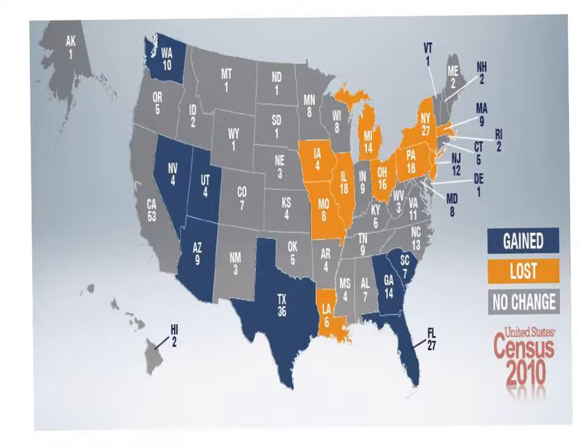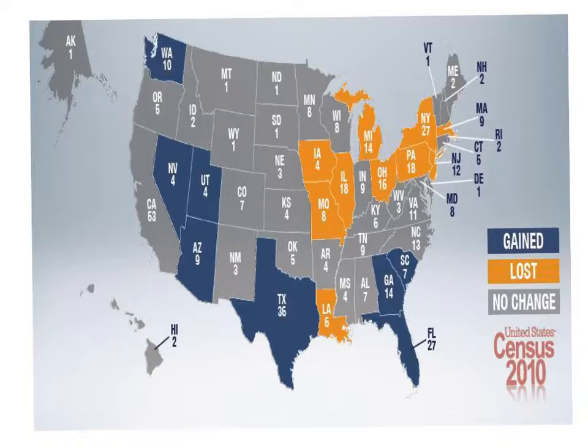As we look at the map here, we can start to see this idea of states that gained members versus states that lost members. Like I said before, Illinois actually lost members in the House of Representatives because our population went down. We see that New York, Massachusetts, Pennsylvania, Ohio, Michigan, Missouri, Iowa, and Louisiana all lost members as a result of their population change.